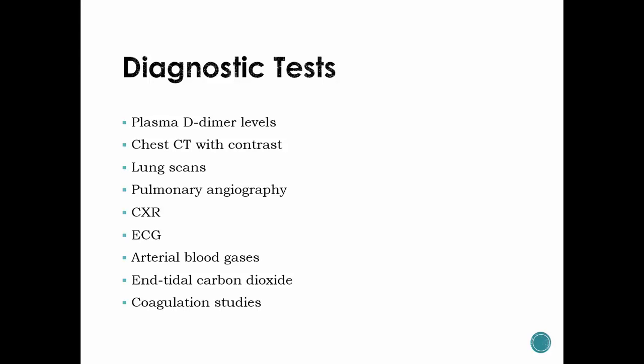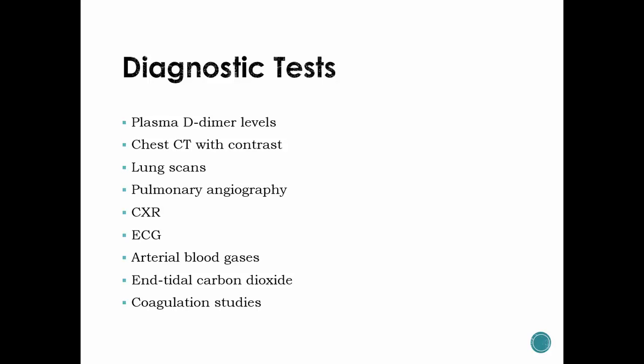Basically, your VQ scan is not resulted as a positive or negative. It is resulted as low probability, medium probability, or high probability of a PE. So you don't get a definite diagnosis on that.